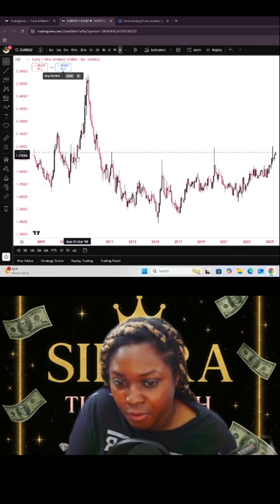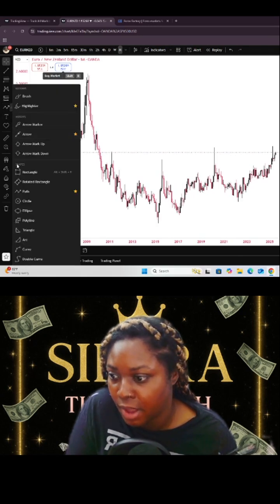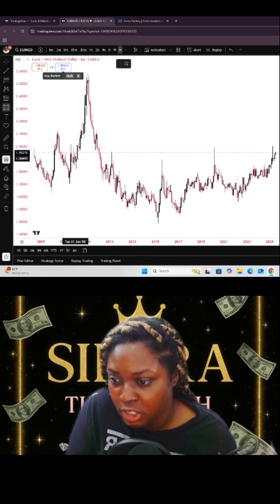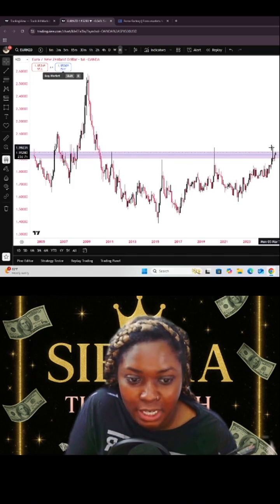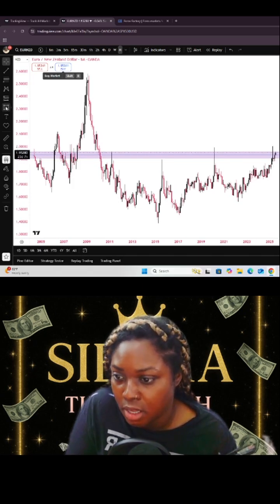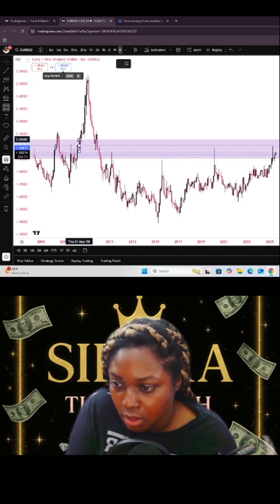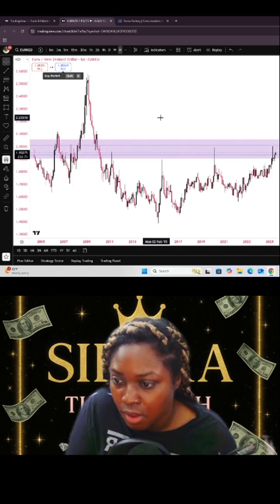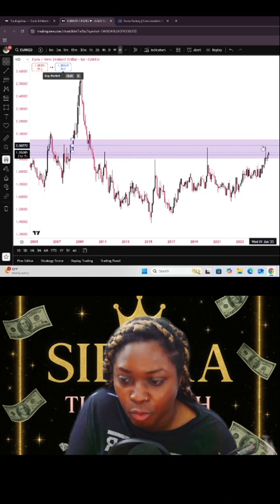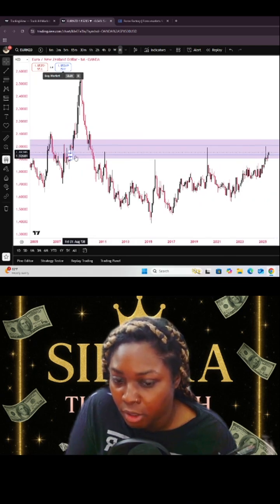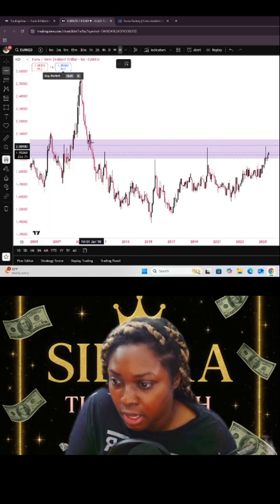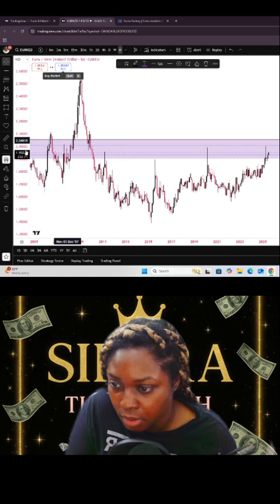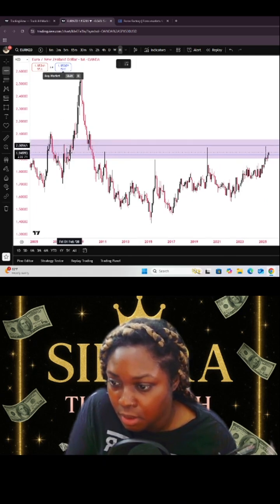I also see a fair value gap here, but if I mark up this fair value gap, you'll see that rejection happened on top of it, right? But price did also come back and close underneath it. But I'd rather take this one. Well, maybe not, because price didn't reach that area. So I am going to go ahead and go with this fair value gap, but I'm going to leave this one also because it looks like it's the next area that price should be trying to come to. Okay. So we're going to mark both of these up.